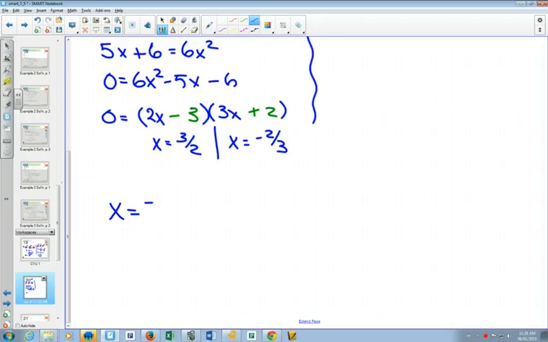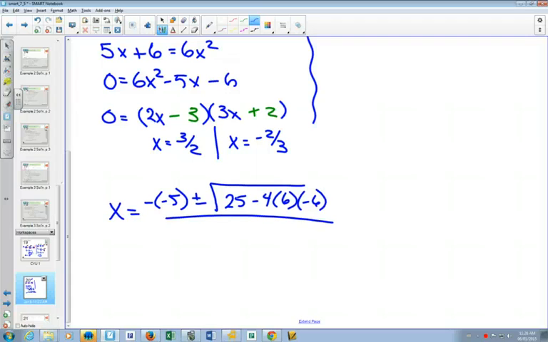-b, so -5, plus or minus the square root of b squared, -5 squared would be 25, minus 4 times a, which is 6, times c, which is -6, over 2 times a. So 5 plus or minus the square root of 25 plus, this will be 36 times 4. What is that?